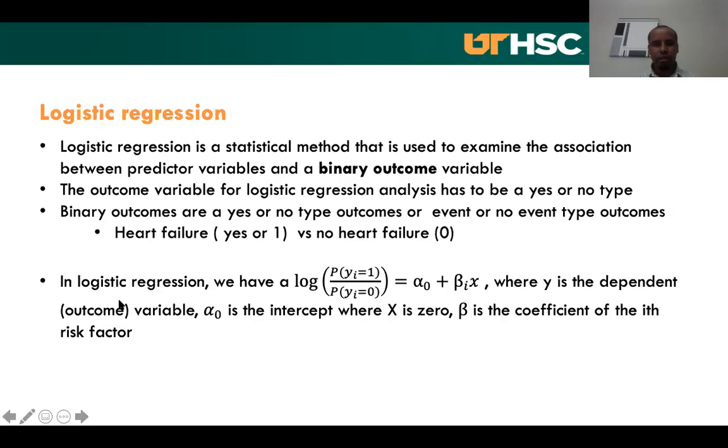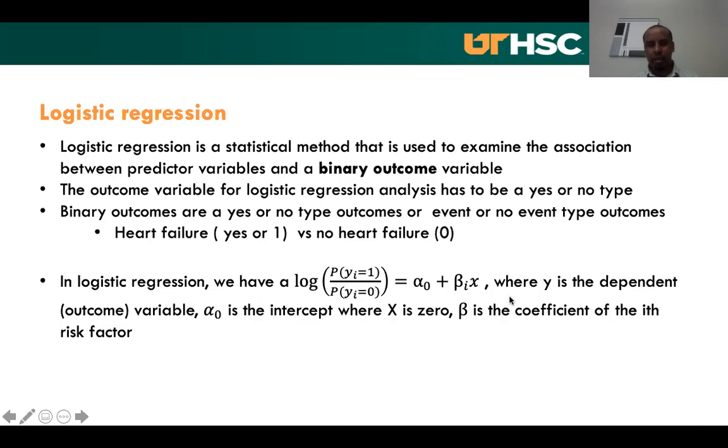That is, the natural logarithm of the probability of y equal to 1, or yes, divided by the probability of y equal to 0, equals the intercept, or alpha naught, plus the beta i's times the x, or predictor variables.